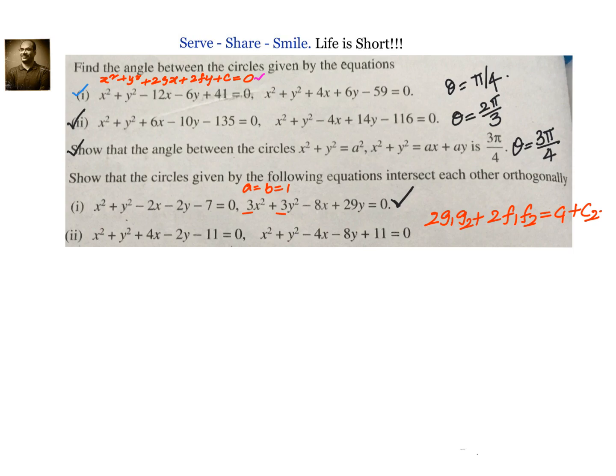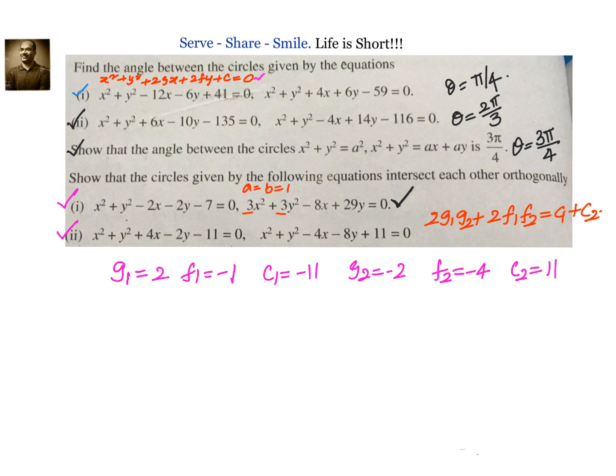Next problem, let's write down g1. We are doing this bit now. g1 is 2, f1 is minus 1, c1 is minus 11, g2 is minus 2, f2 is minus 4, and c2 is 11.